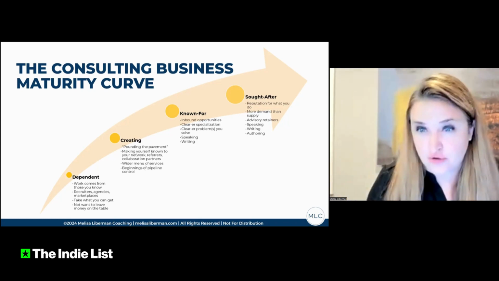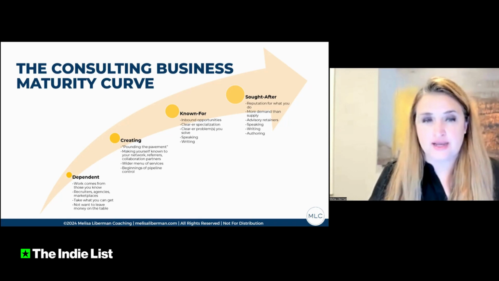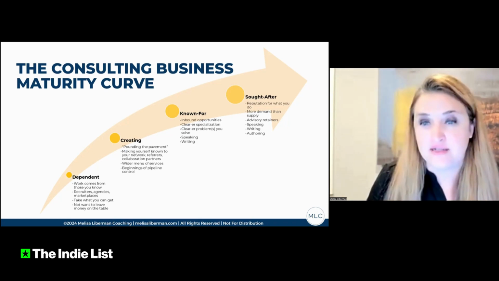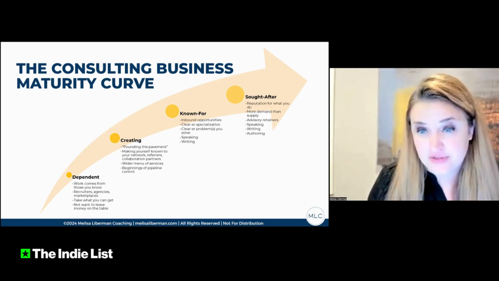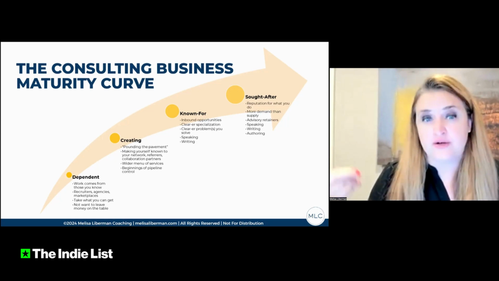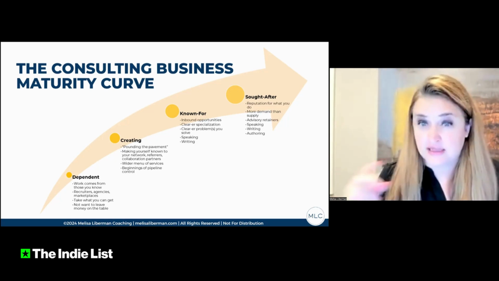That gives you more control over your pipeline and where those roles are coming from, and lets you be more selective about the types of clients that you're working with and what type of work you're doing with them, and ultimately what the pricing looks like.